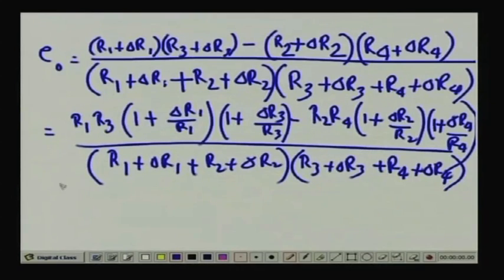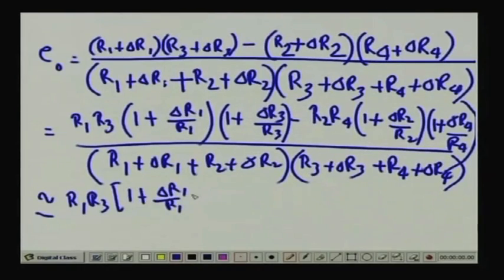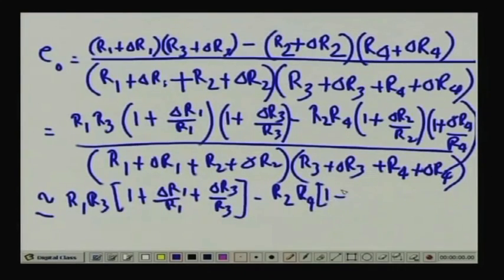So, this we can almost write, because delta R1 and delta R3 will be very small, so the multiplication of these two terms we neglect. This equation will almost be equal to R1 R3 into 1 plus delta R1 by R1 plus delta R3 by R3, minus R2 R4 into 1 plus delta R2 by R2 plus delta R4 by R4, right.